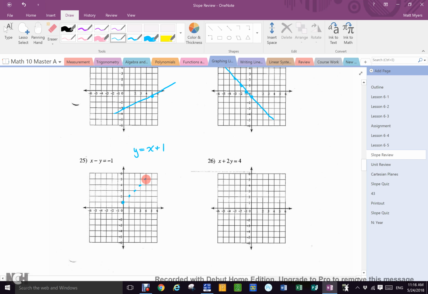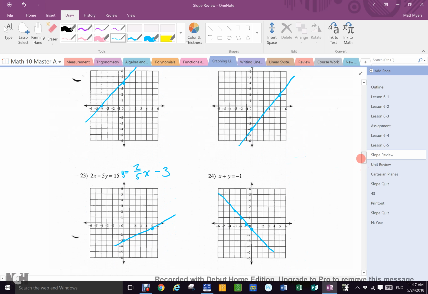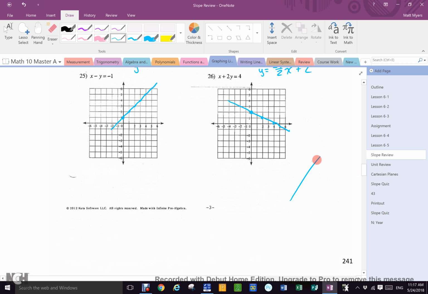So that should be your line there. And that is y equals -1/2 x plus 2. Down 1, out 2, down 1, out 2. And that should be your line there. Any questions? That page was out of 6, I believe.